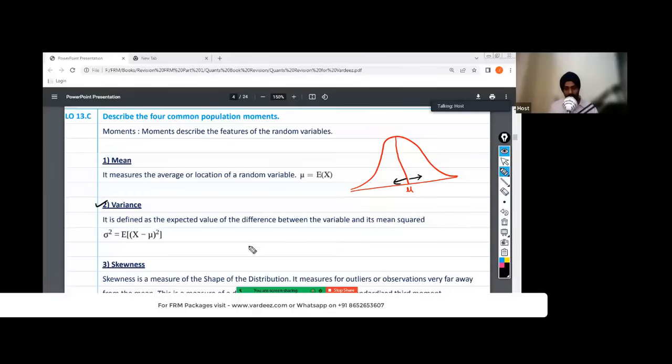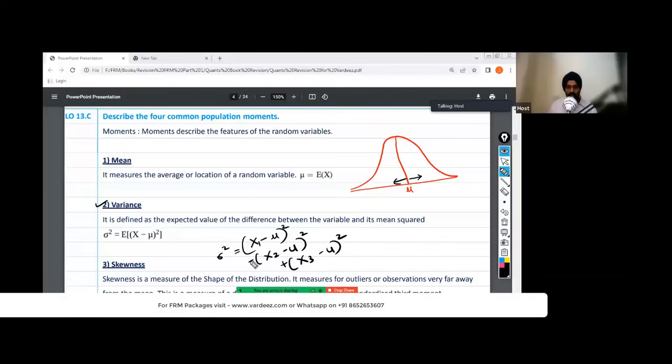How can you calculate that? You take x, any value of the random variable, minus the average value, which is mu, you square it, and you get your variance. If you have multiple values, then for x1 it is x1 minus mu squared, for x2 it is x2 minus mu squared, and if you have x3, another value of x, minus mu, square it.